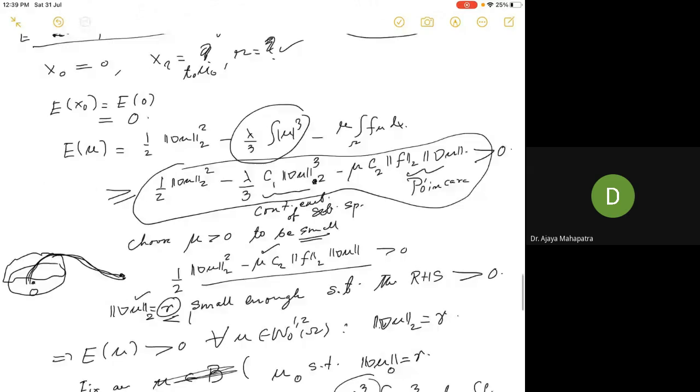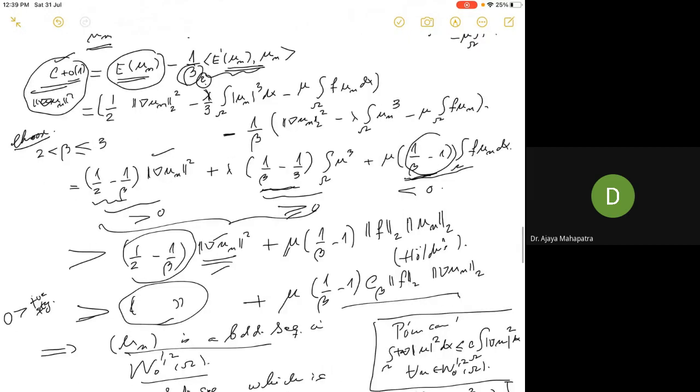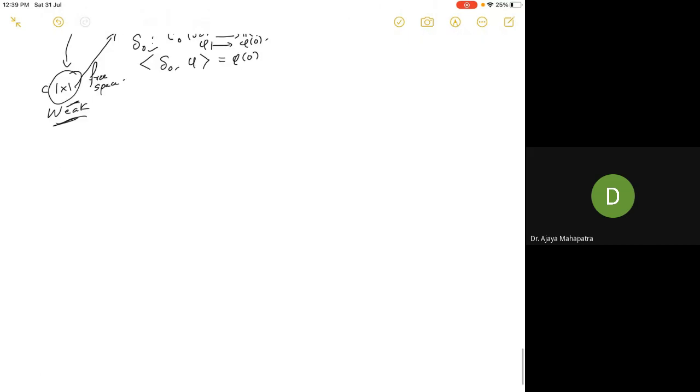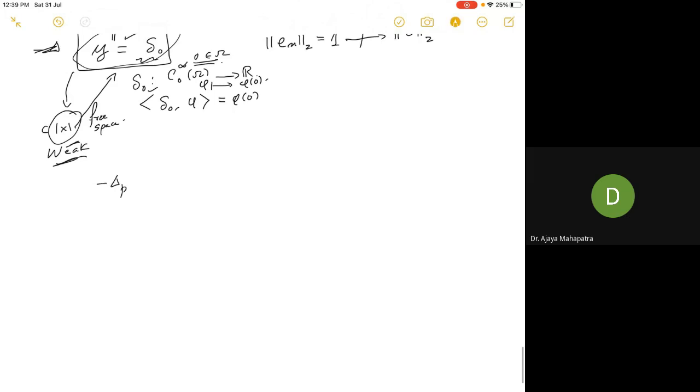We also have problems where we use p-Laplacians, which is defined as the divergence of this quantity. You can observe that when p is 2, you just get back your Laplacian.